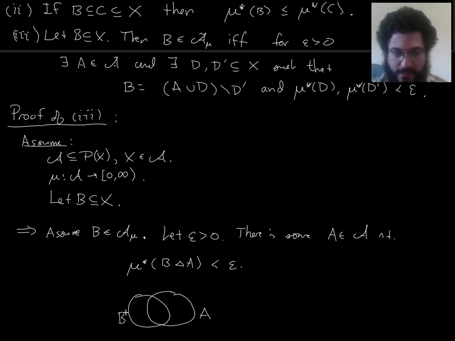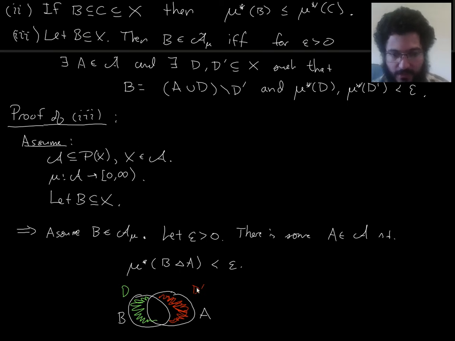A is a special set. So can I view B as A with something unioned in and then something deleted? Well, yeah, I think I can. So start with A, then union in this, then you would get everything, right? Then what should I delete in order to be left with B only? Well, then delete this. Right? So how about I take that to be my D and that to be my D prime?